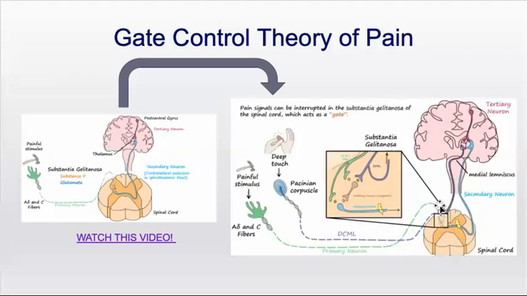So it will ascend, it will synapse on a second order neuron, which is going to ascend through the dorsal column to the brainstem. At the brainstem, you're going to have that synapse to the second order neuron, which is going to go to the thalamus. And this is where it can mediate or inhibit the signal.